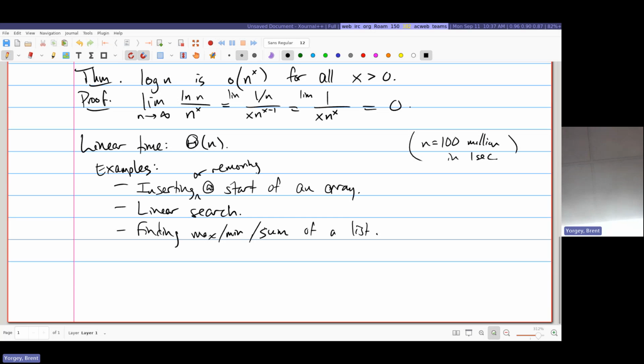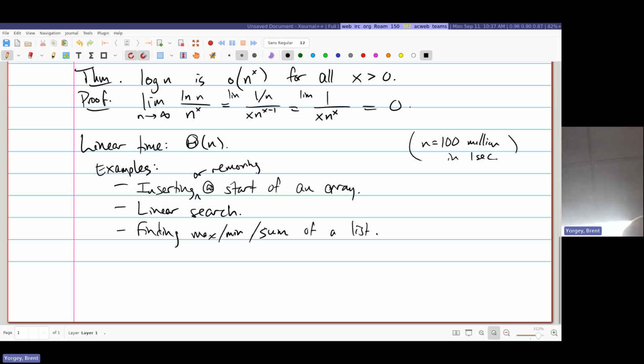Python has a thing in the standard library called deque, D-E-Q-U-E, for double-ended queue, which is occasionally useful if you need to do stuff to both ends and you want it to be fast. But most standard things, like if you just make a list, you can add and remove stuff at the end of the list in constant time, but if you try to do it at the beginning, it's going to be linear time.